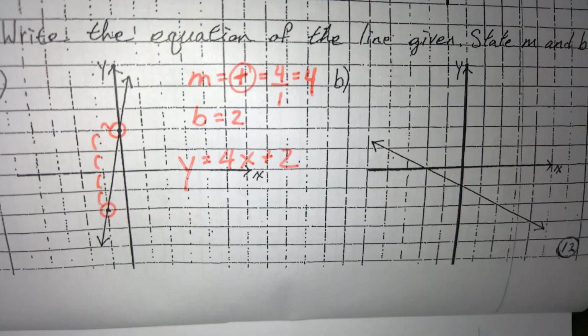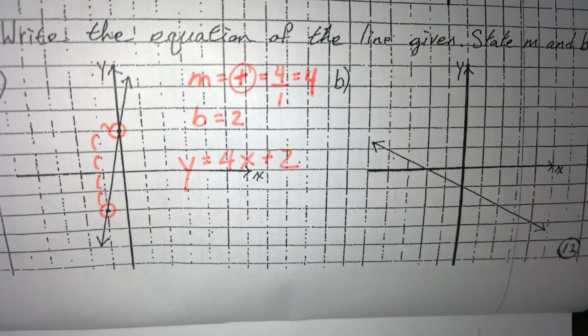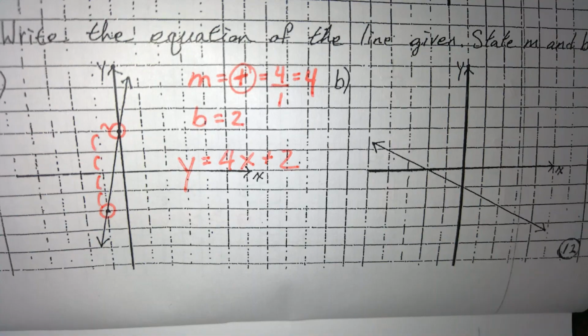Okay. What about B? Last example here. Good question. See, I purposely didn't put in any dots. So what do I do? If I don't give you any dots, choose your own dots. Which one would be the smart one to choose?